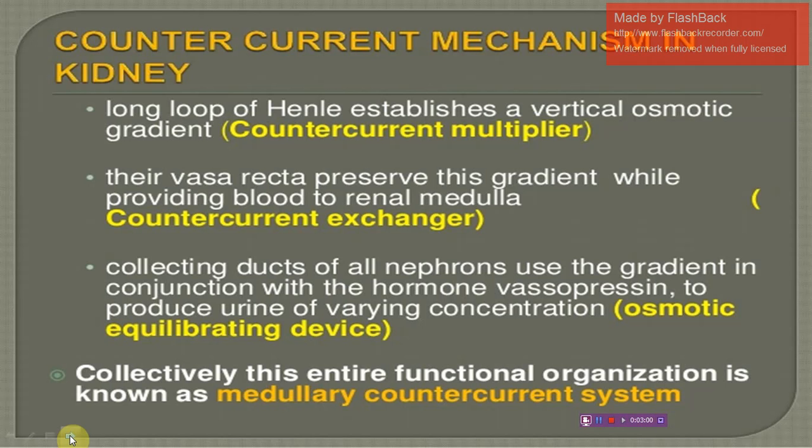Collecting duct of all nephrons use the gradient in conjunction with the hormone vasopressin to produce urine of varying concentration. Collectively, this entire functional organization is known as medullary countercurrent system.